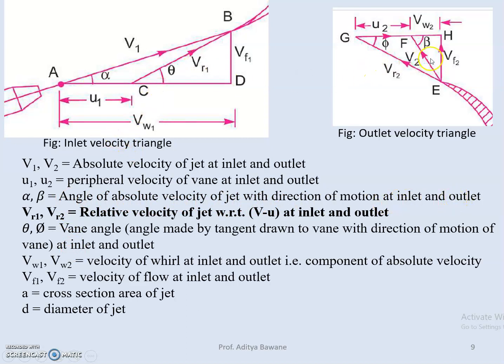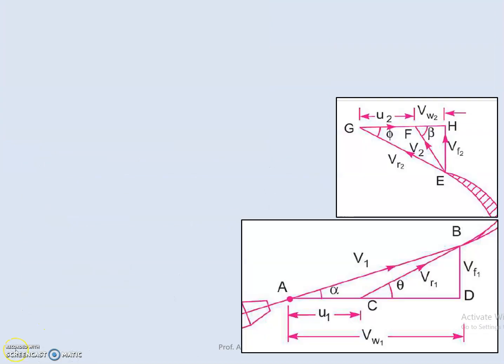Vr1 and Vr2 are the relative velocities at inlet and outlet. We know Vr1 is v minus u. Vw1 and Vw2 are whirl velocities, and Vf1 and Vf2 are flow velocities at inlet and outlet. The area is the cross-sectional area of the jet. Learn the next thing.